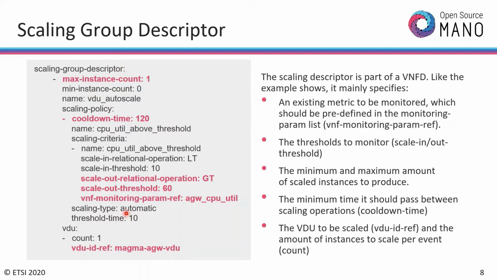We'll use that. It has a few interesting things, like it provides the threshold on which the scaling should happen. It tells you how many instances maximum I can scale out, and what is the cooldown time before the next alert can be generated, so that if multiple alerts are generated, they can be stopped because of the same reason.